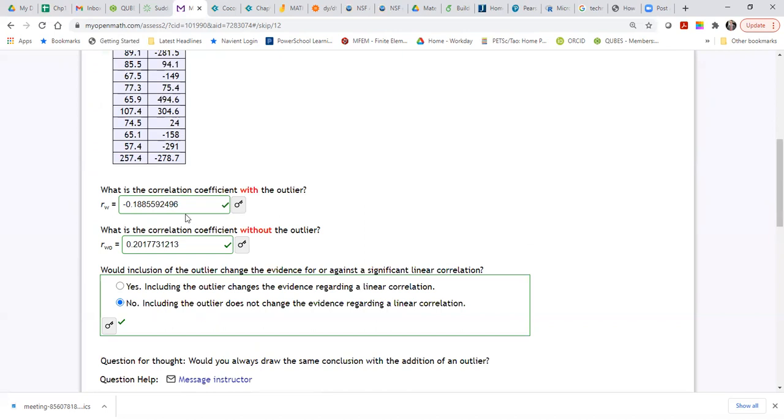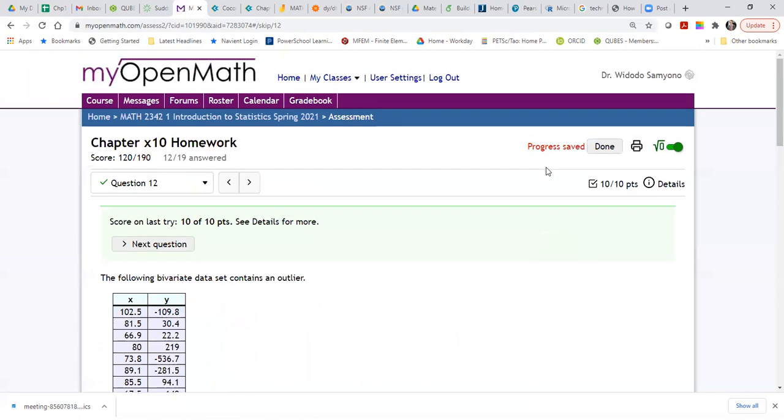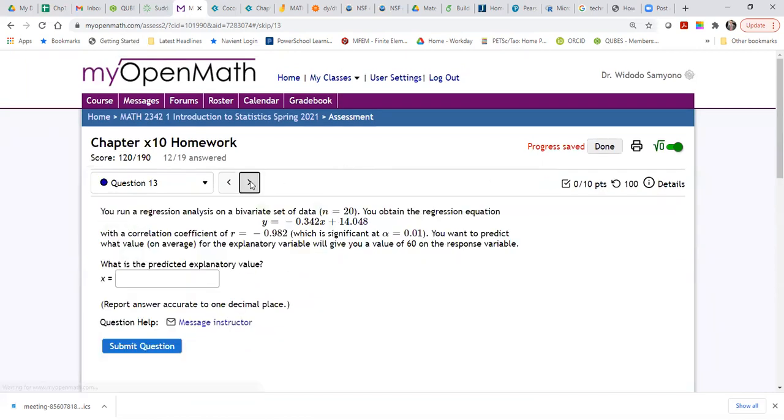So that means the inclusion of the outlier does not change the evidence for a significant correlation, right? Okay, I think that's all for today. So you can continue by yourself. Okay, let me give you another example here.